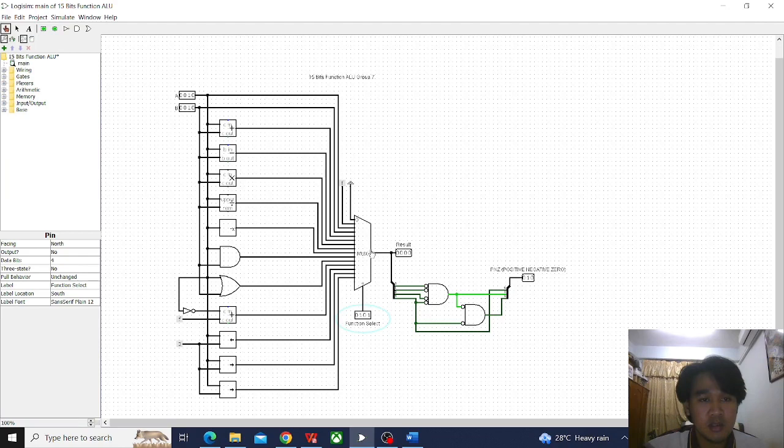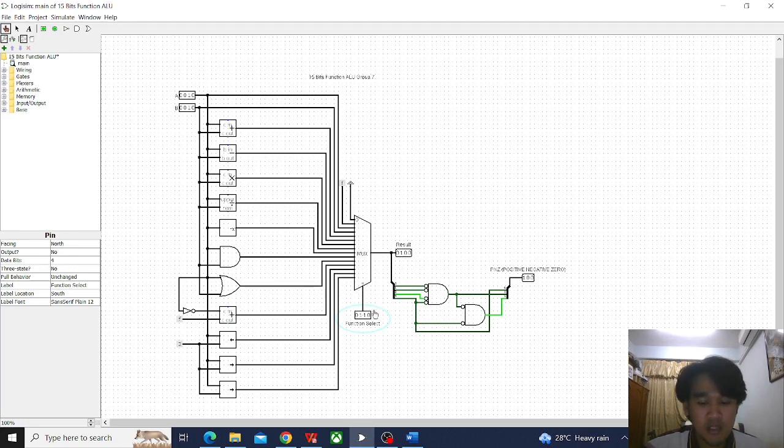For the multiplication, we must set the function select to 110, which is 2 multiplied by 2 equal to 100. 2 multiplied by 2 is 4, and 4 in binary is 100.